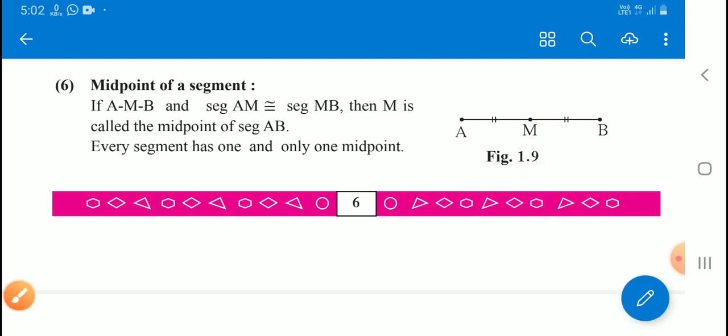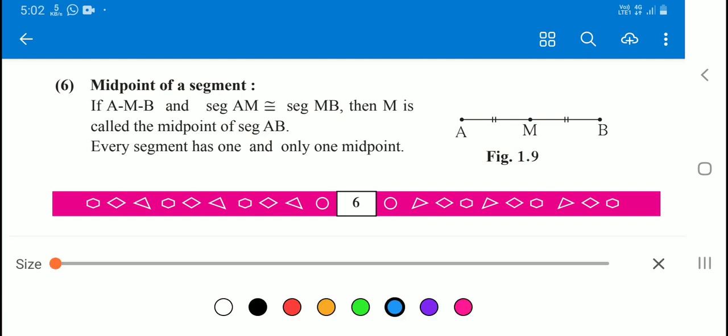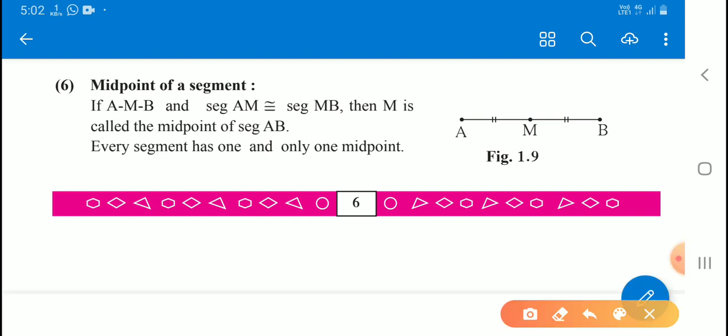If AM and MB are equal in length, then we can say that M is the midpoint of the given segment. Here they gave the segment AB, so M is the midpoint of segment AB.